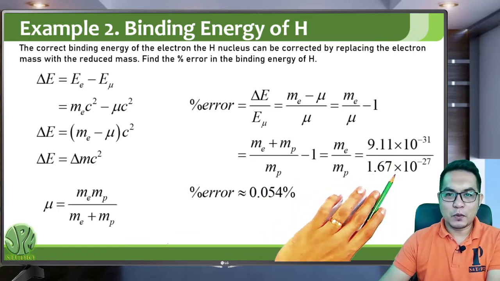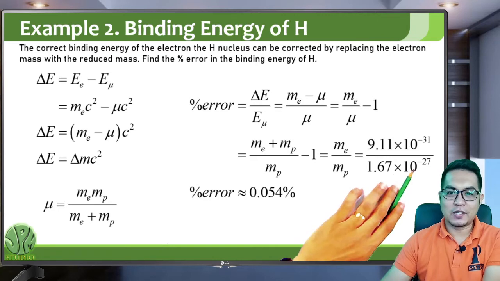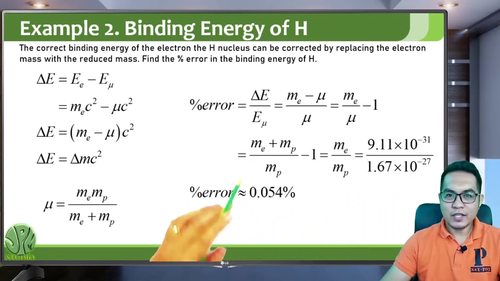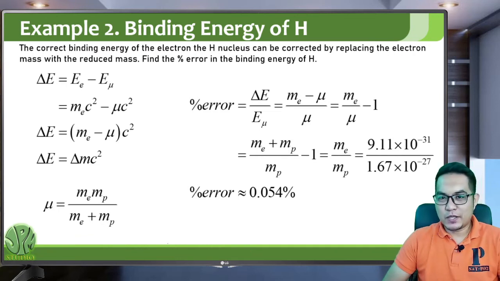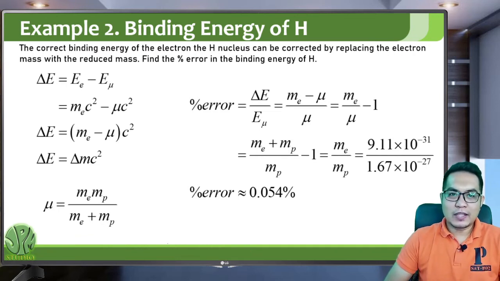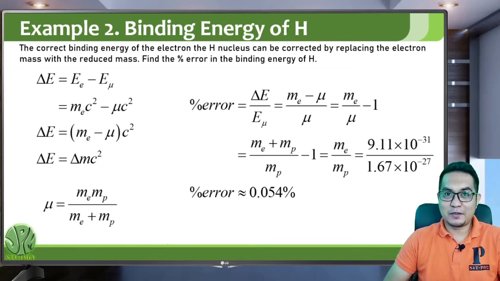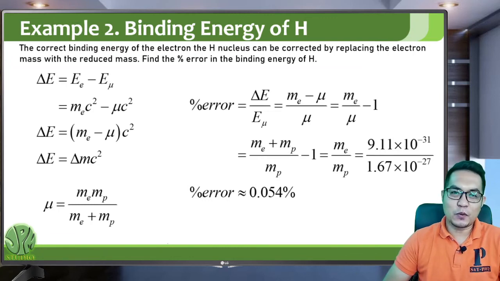The mass of the proton is actually about 2,000 times more massive than an electron. It's 10 to the negative 27. And that ratio will give you approximately 0.054%. Now, if you look at this classically, this is actually a very small error. But take note, this is in the quantum realm. So this is actually a very big deal if you don't account for this correction or for this error.